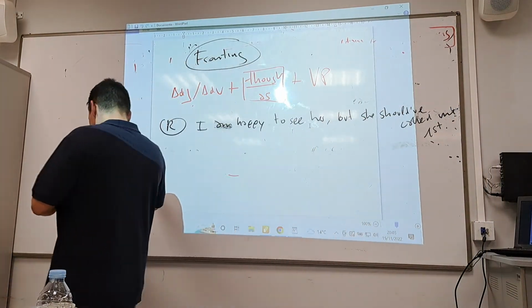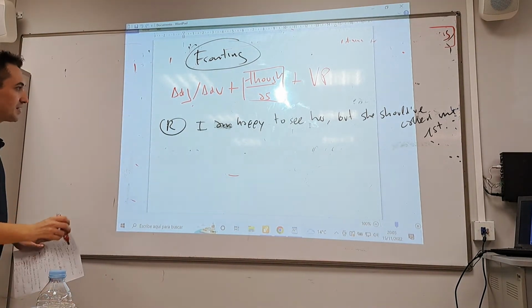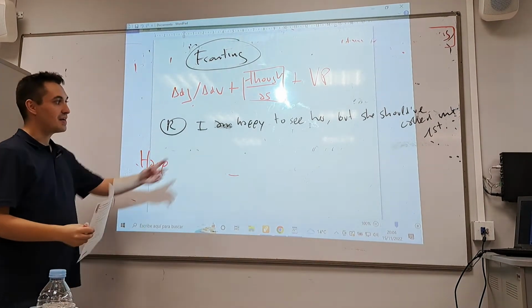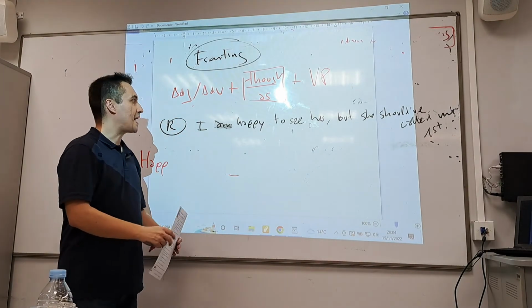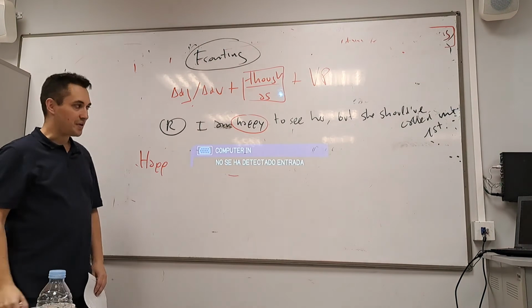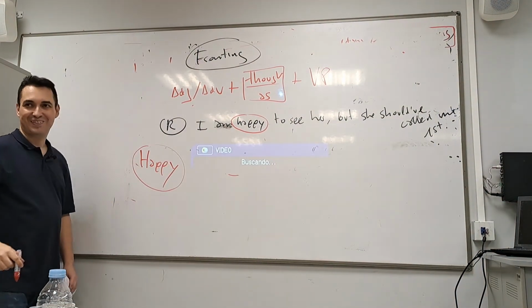Okay. Let's try to do some fronting here, starting with happy. Here you say, I am happy to see her, but she should have called me first. Now I want to place emphasis on the word happy, so I start the sentence with happy.